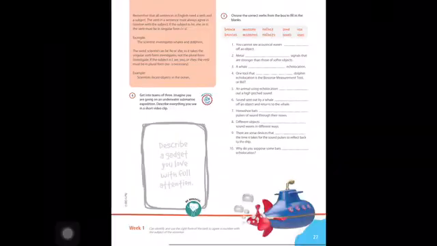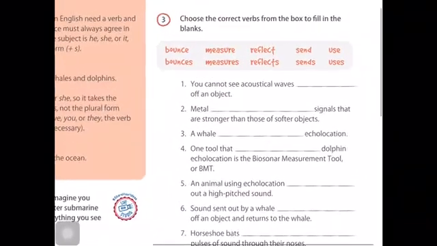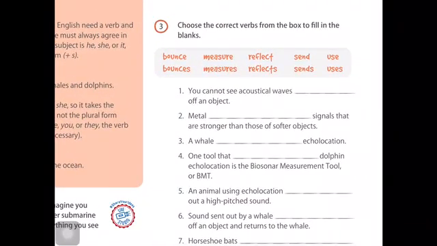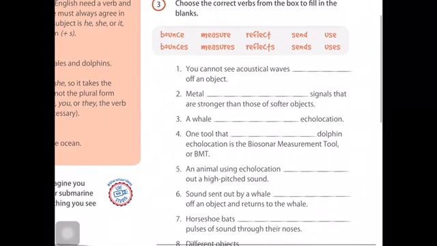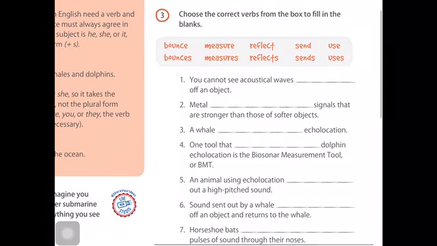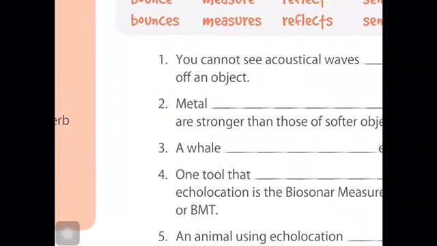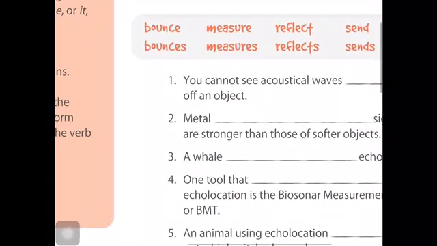So we have exercises 3 and 4 on the page 27 here. Exercise 3. Choose the correct verbs from the box to fill in the blanks. We have bounce or bounces, measure or measures, reflect or reflects, send or sends, use or uses. Depending of the subject, you have to choose one or the other word.